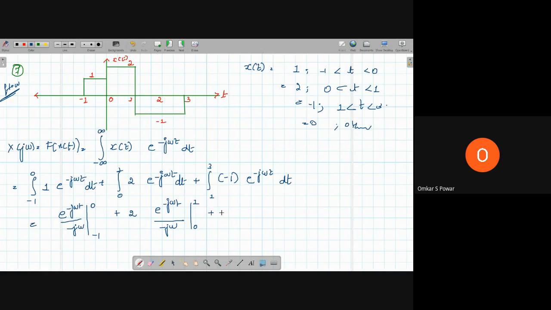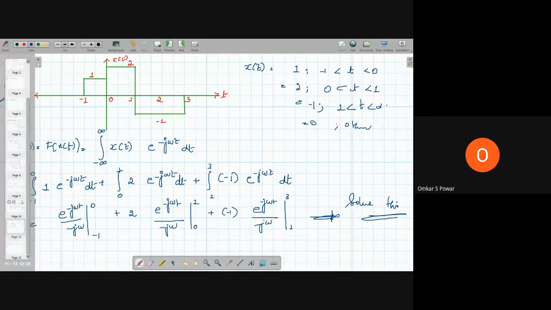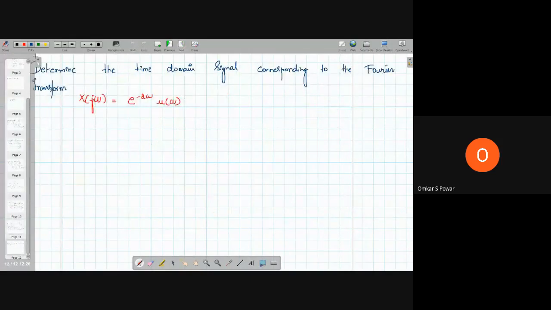And finally, minus 1 e power minus j omega t divided by minus j omega, limits from 1 to 3. Then it's your thing to solve this one. Solve it by substituting the limits. Then we'll go to the last problem for today.